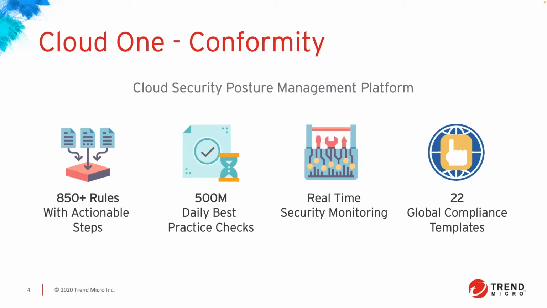So you're able to keep your compliance up to date and your best practices enforcement up to date. And this is all done in real time. As soon as you create a configuration, Conformity will analyze it and let you know what misconfiguration you made, and how to fix it. It has a knowledge base where you can see the configuration that you made and step-by-step instructions on how to fix that misconfiguration inside your cloud environment.